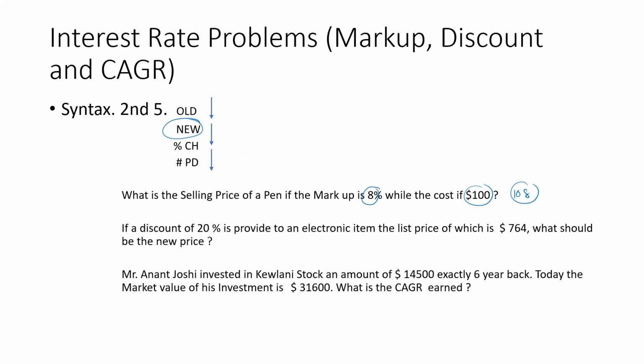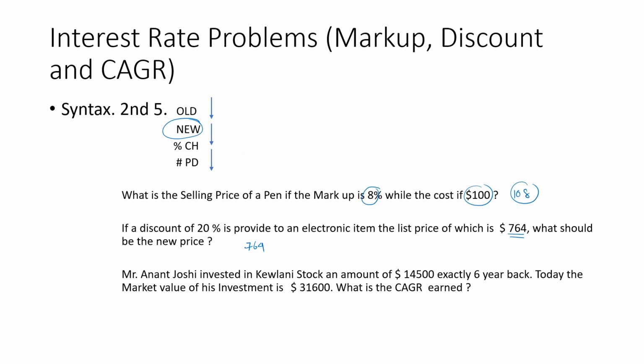Now let's see the second problem. If a discount of 20% is being provided to an electronic item, the list price of which is 764, what should be the new price? Now in this case, what do we do? Minus 20. Absolutely correct. So the way we do it is we come to second 5, in place of 100, now we write 764. Yes, sir. And press enter. Press the down key, which is new.